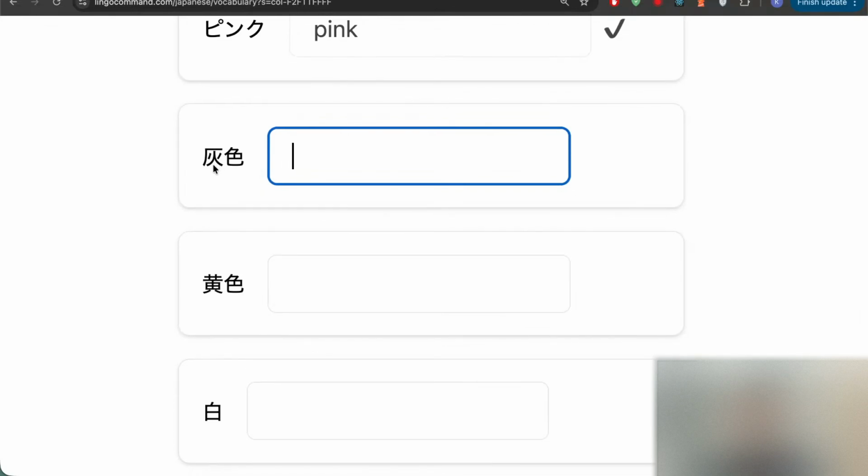And so the way that I try to remember this is, I'm pretty sure if you deprive a flame of oxygen, you'd get ash. So this kind of logically makes sense. That's how I like to remember, at least. And it's hairo. So the kanji for ash is hai, and then the kanji for color is iro. Together that's hairo, which is gray.